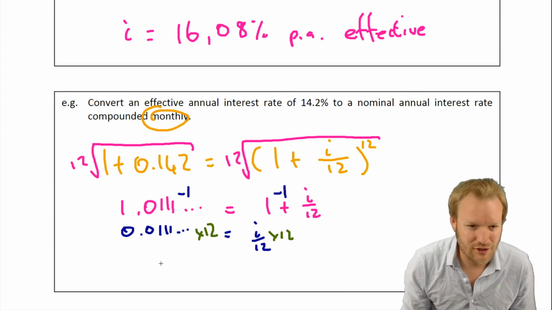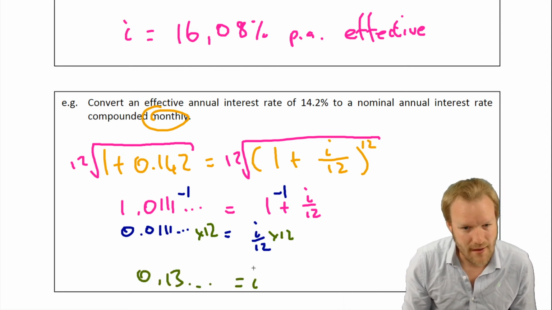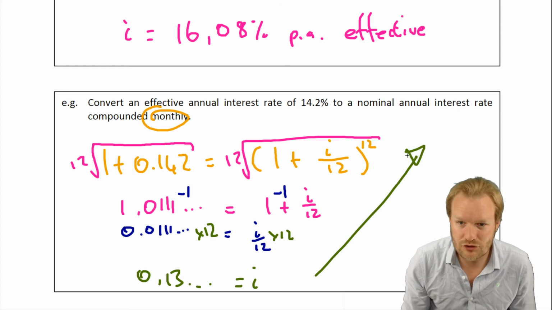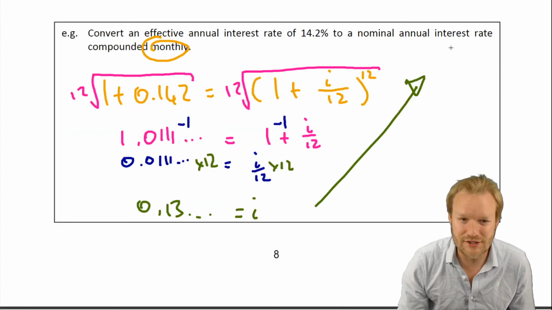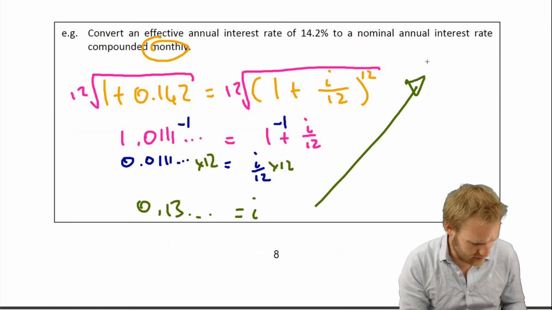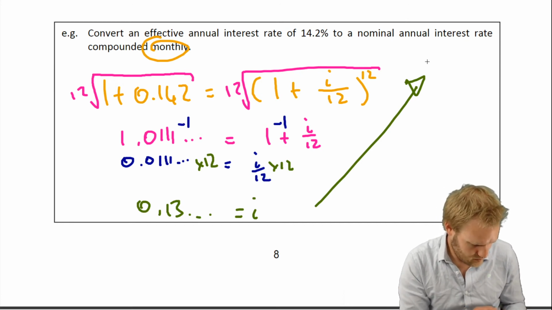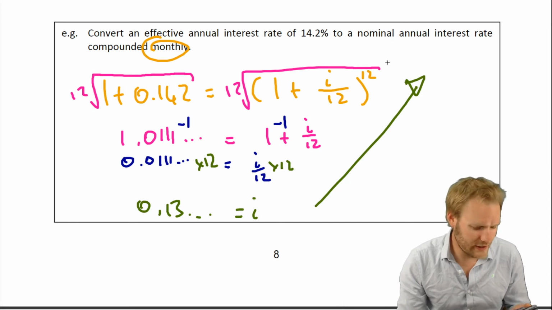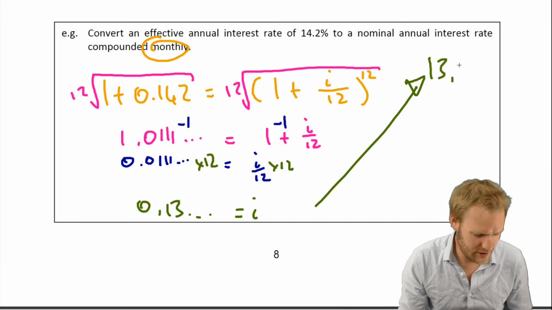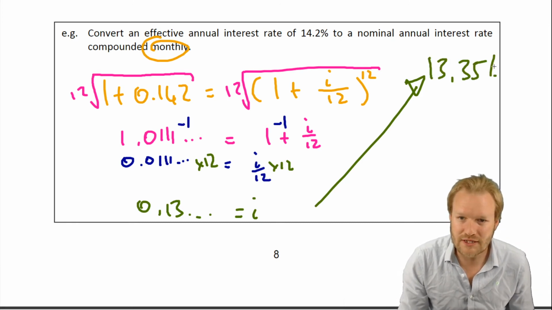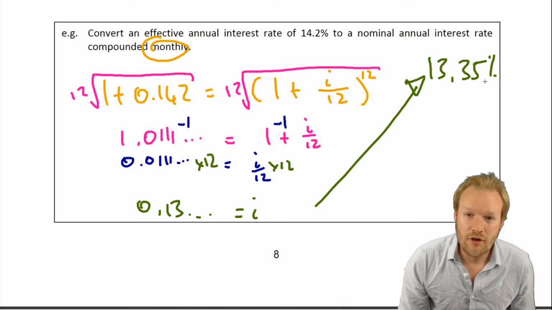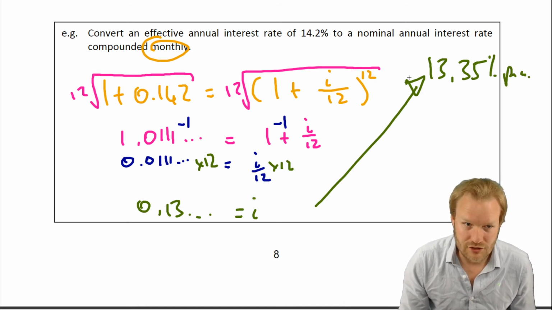So that times 12 is 0.13 something or other equals i. Multiply it by 100, times 100, and we get 13.35% per annum compounded monthly.